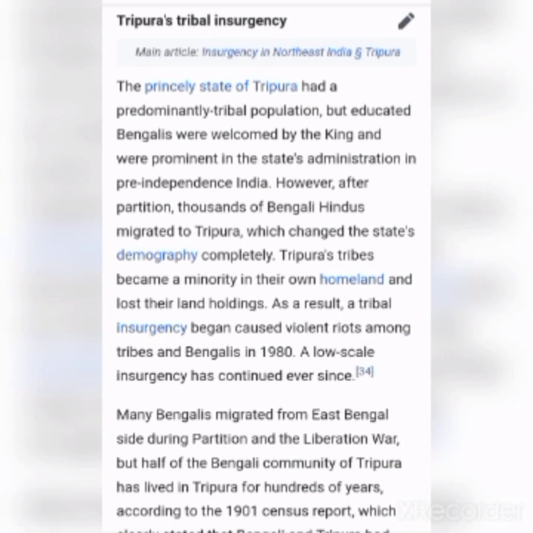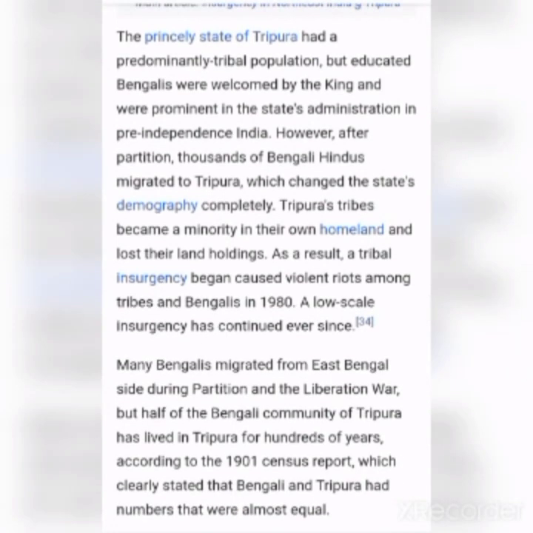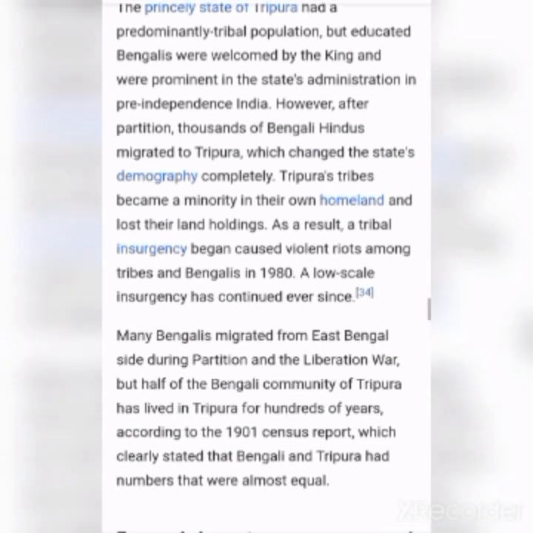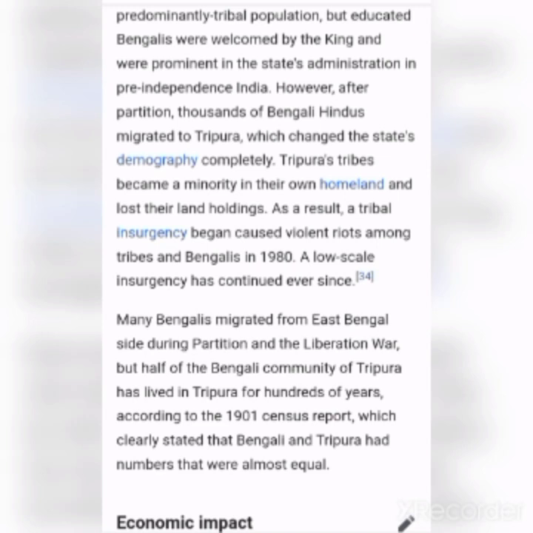Tripura's tribes became a minority in their own homeland and lost their landholdings as a result. A tribal insurgency began, causing violent riots among tribes and Bengalis in 1980. A low-scale insurgency has continued ever since.